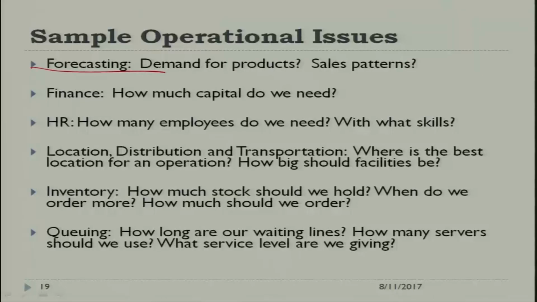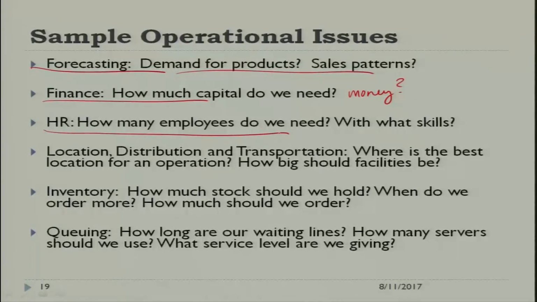Some of the issues, typically operational or production issues, are the main things that we study in many of the places. And one of the things that we do not really study there is sustainability. One example is forecasting. It is always related to the demand, how much to produce, how much we will be sending. Finance is how much money is required. Human resources is how many employees are needed.